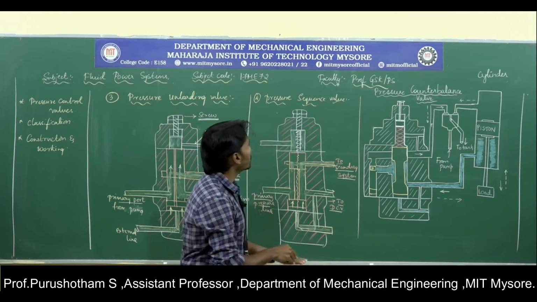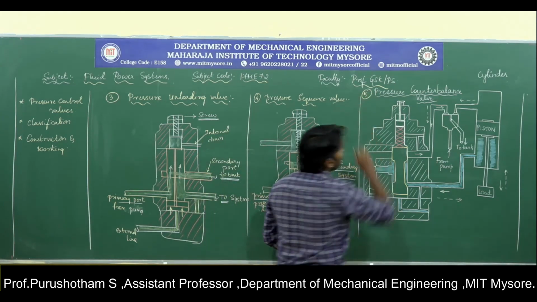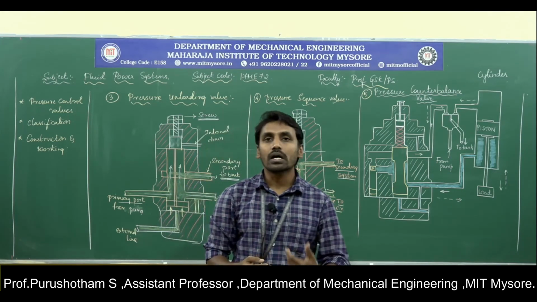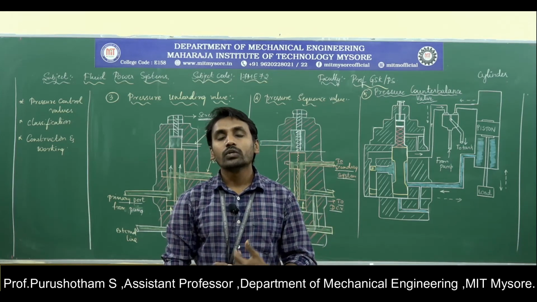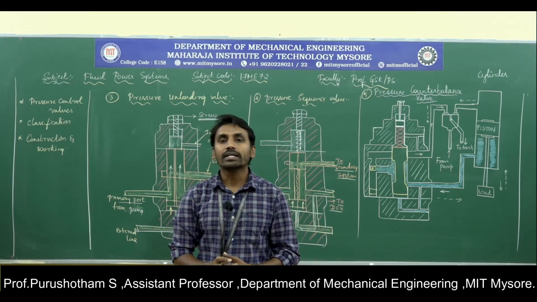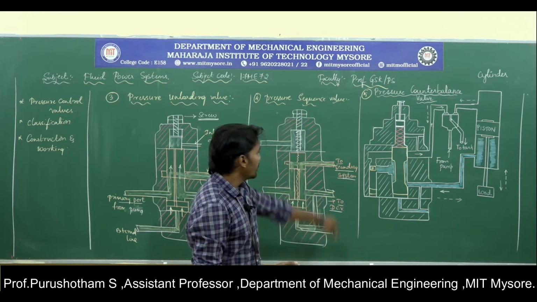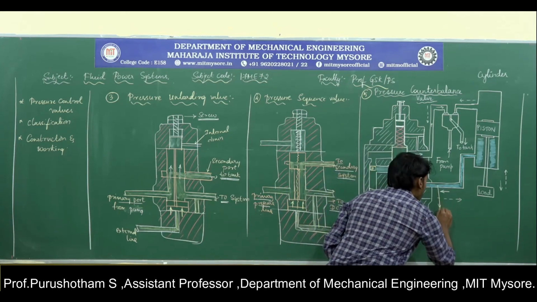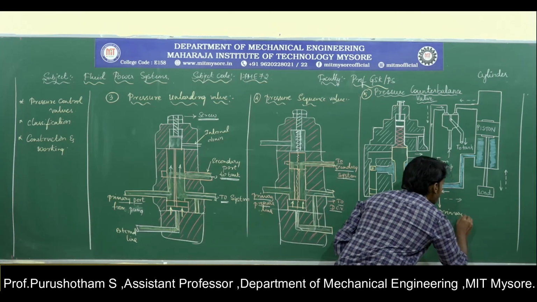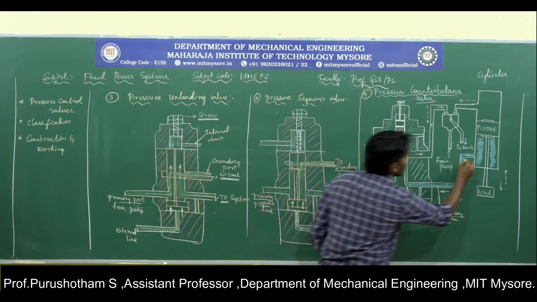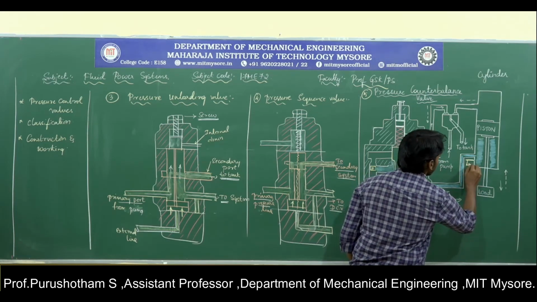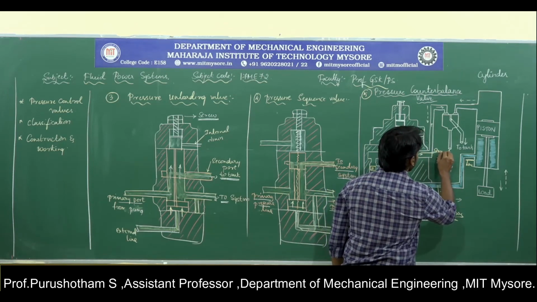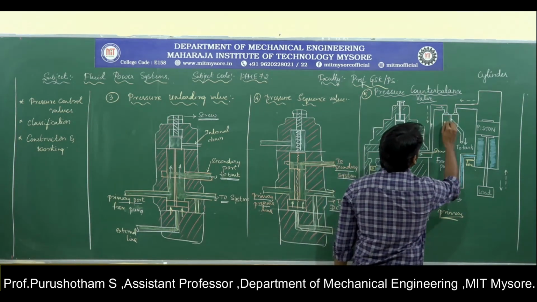Next we are moving on to the last one, that is the pressure counterbalance valve. These pressure counterbalance valves are used in vertical cylinders to prevent falling due to weight or gravity. It consists of the primary port, which is connected to the lower end of the cylinder, and this will be the secondary port, which is connected to the direction control valve.